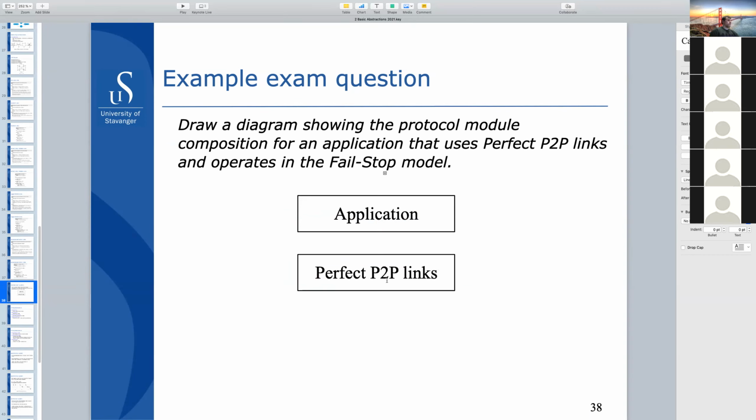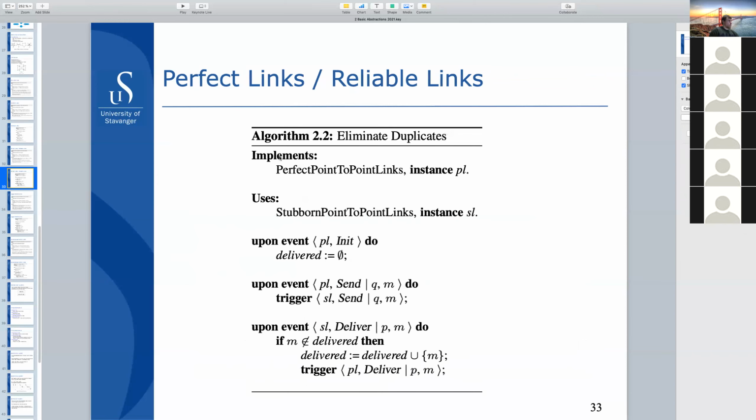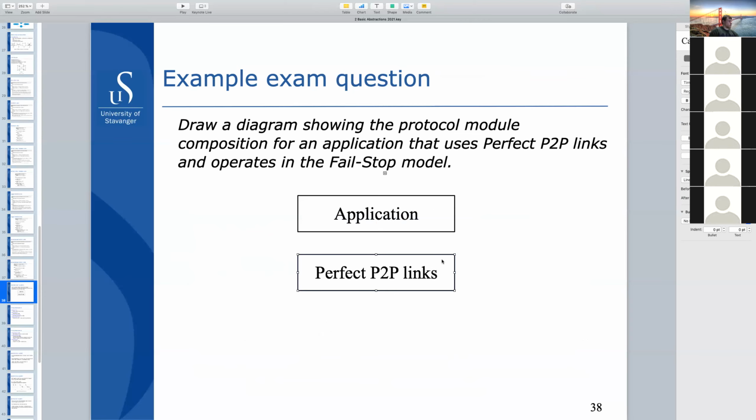And remember, if we go back to the previous algorithms, we had perfect links, and it says there it uses stubborn P2P links. So, all right, this tells us that we simply need to have stubborn P2P links.